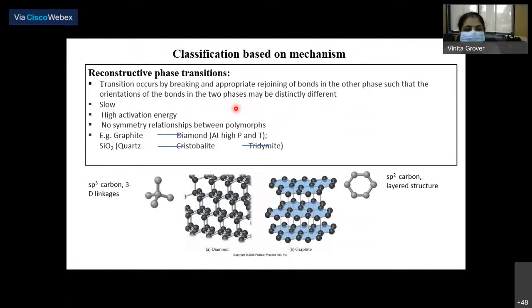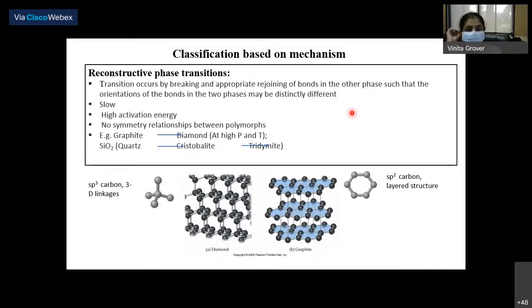Okay, so reconstructive phase transition. As the name suggests, reconstructive means breaking and forming. Simple thing. You are reconstructing something. So the transition occurs by breaking and appropriate rejoining of the bonds in the new phase. Now, all of you know that bond breaking requires energy.